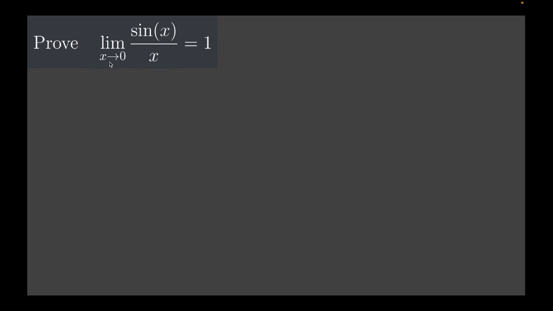So we need to prove that the limit as x approaches 0 of sine of x over x is equal to 1. So let's start off by making a circle, or like the unit circle I meant. So just draw the coordinate plane.